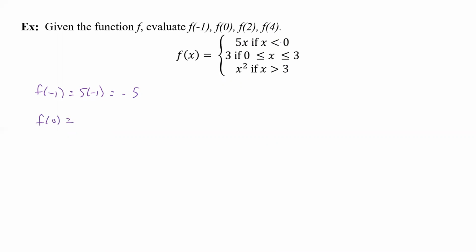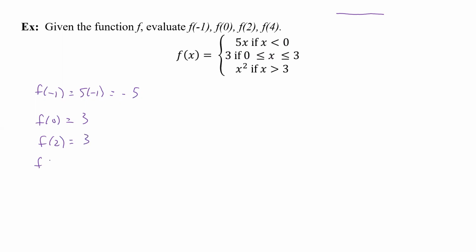Well, this doesn't include 0, but this one does. So f of 0, basically we just get 3. There's nothing to do here. Anything between 0 and 3 is just 3. So that means it's just that horizontal line, and it's just 3. Well, what about 2? Well, 2 is still in that same spot, so it's also 3.